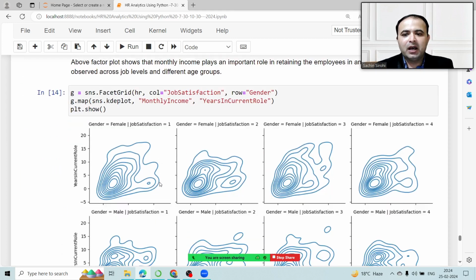So the last examples, like I have used the FacetGrid. It is a grid in the Seaborn library, to visualize the HR data column wise according to job satisfaction, gender wise. Like female job satisfaction 1, female job satisfaction 2, 3, 4.